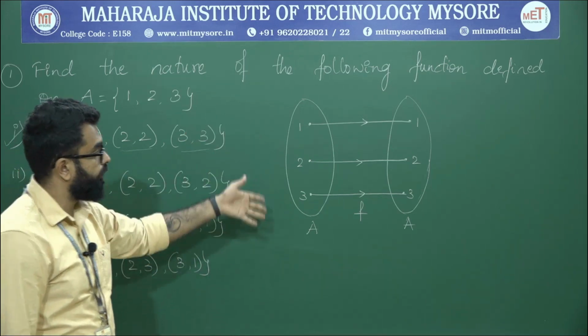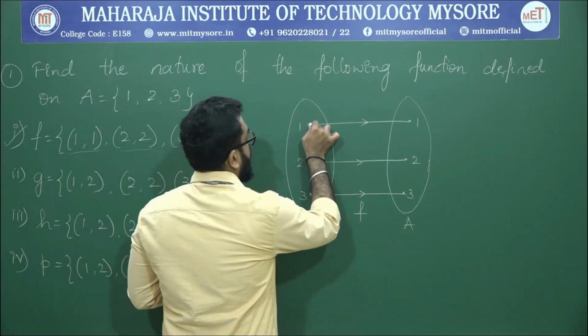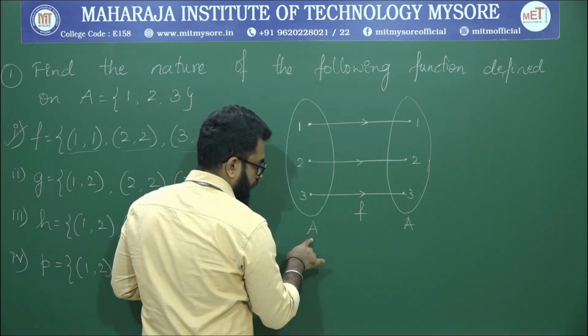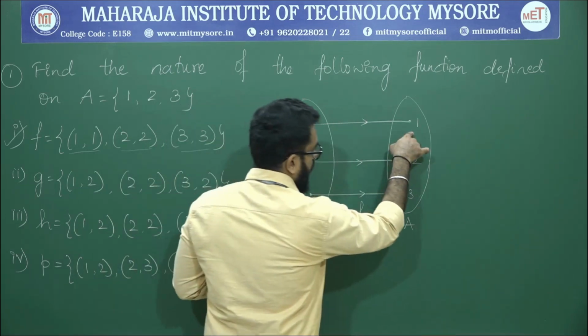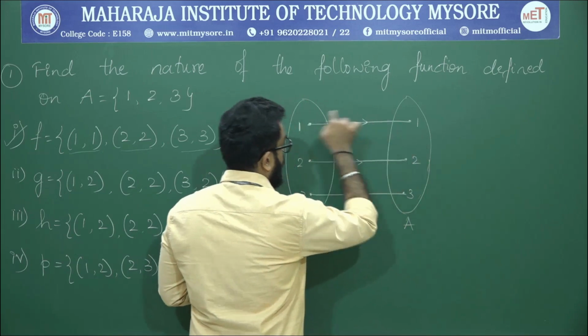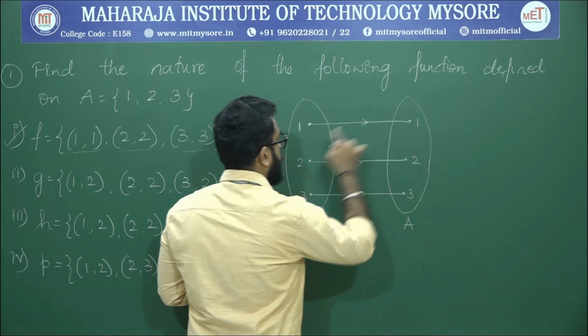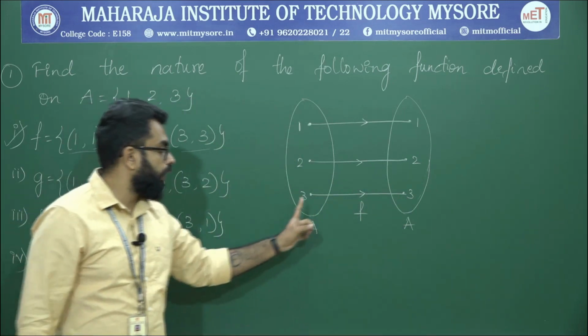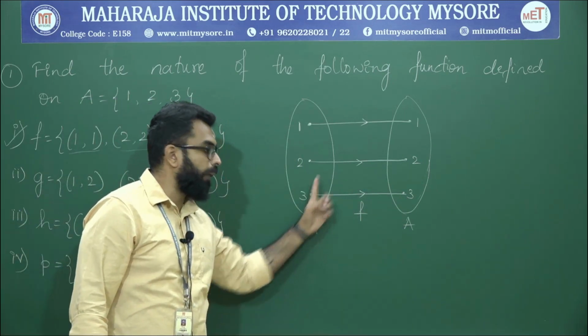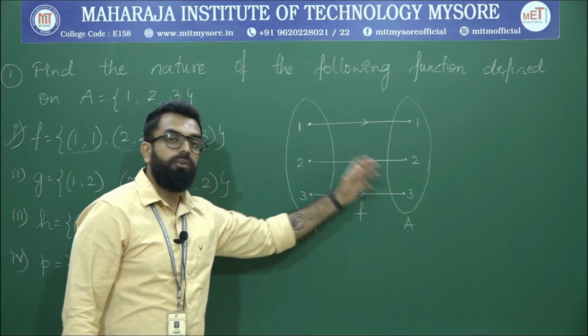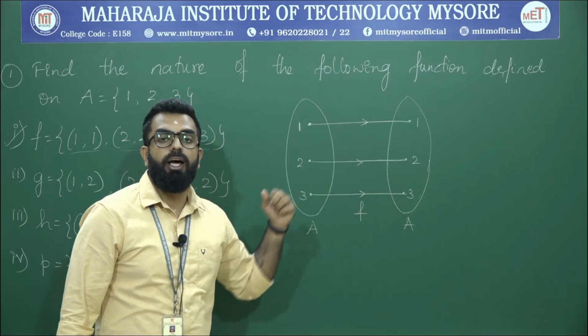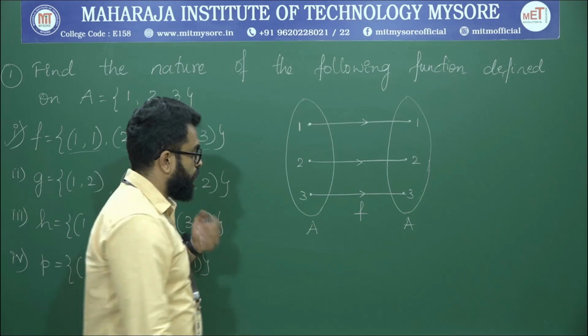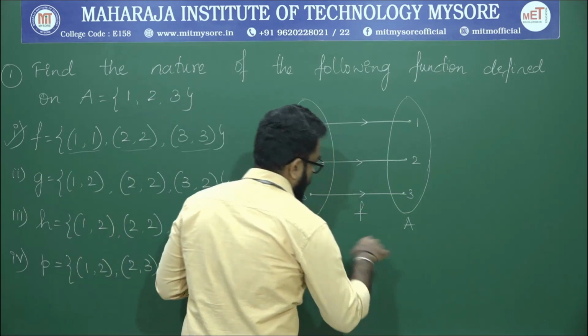If you observe, an element a that belongs to set A is mapped to a itself. 1 is mapped to 1 itself, 2 to 2 itself, 3 to 3 itself. So when an element of a set is mapped to itself, this type of function is called an identity function. So f is nothing but the identity function.